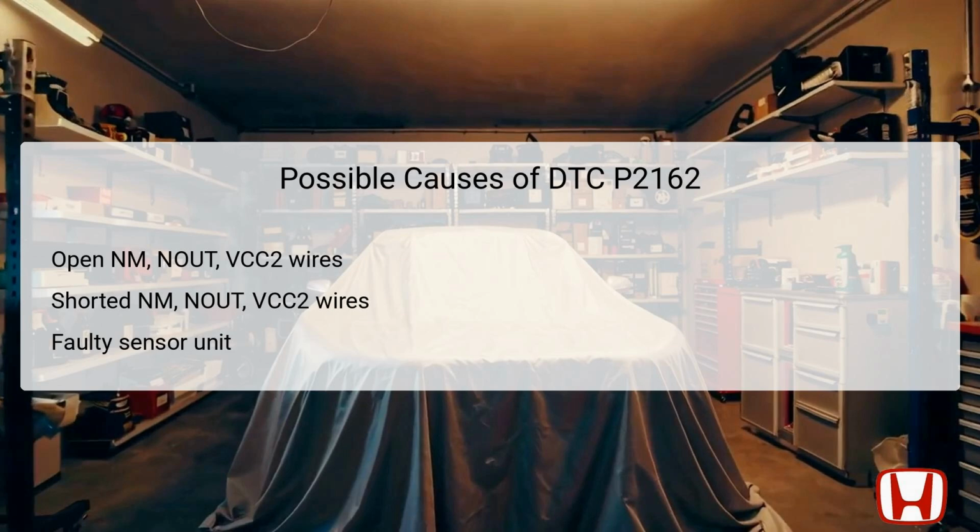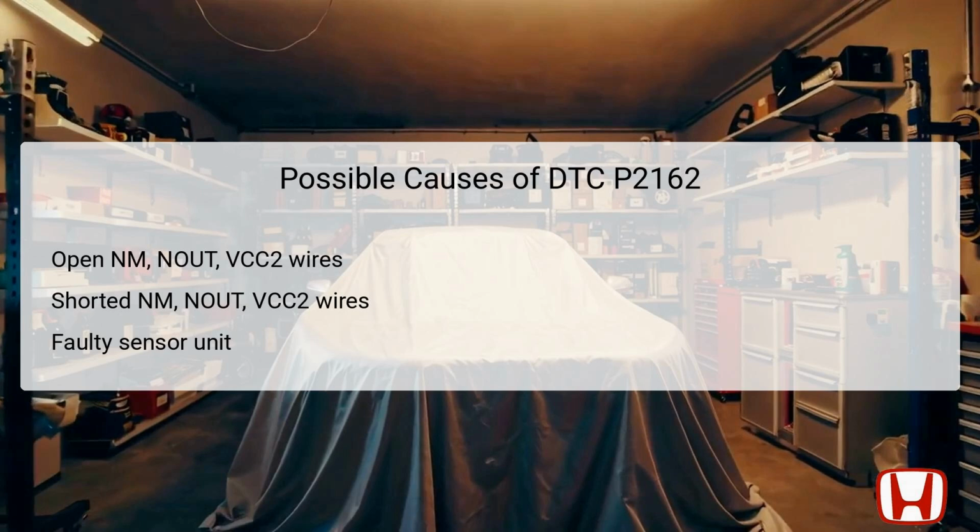Several potential causes can trigger DTC P2162. One primary issue could be open wires in the NM, NOUT, and VCC2 wiring lines that connect the speed sensor to the TCM. These open circuits can result in a lack of signal and subsequently lead to a correlation error.